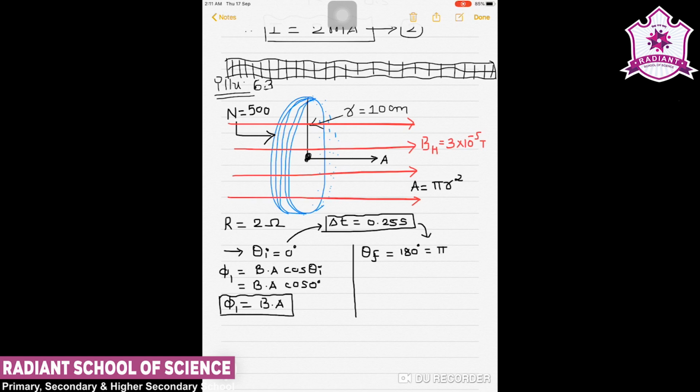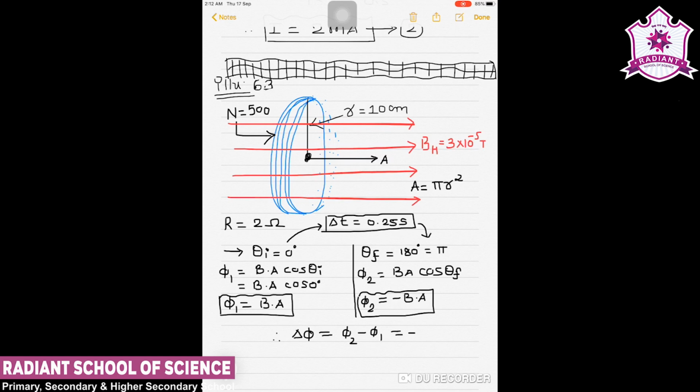In the same manner, if I want to find phi 2, that is BA cos theta F, but here the final angle is 180 degree rotation, so we will have minus B into A. So phi 2 will be minus B into A. Now we have to find out delta phi, that is phi 2 minus phi 1.